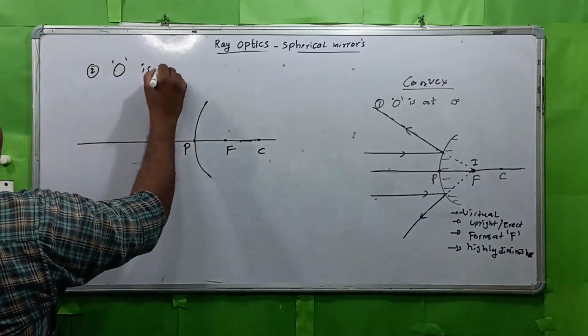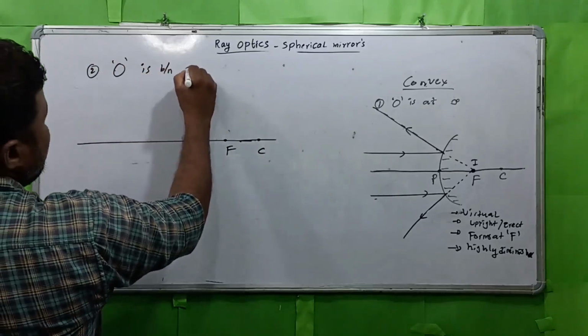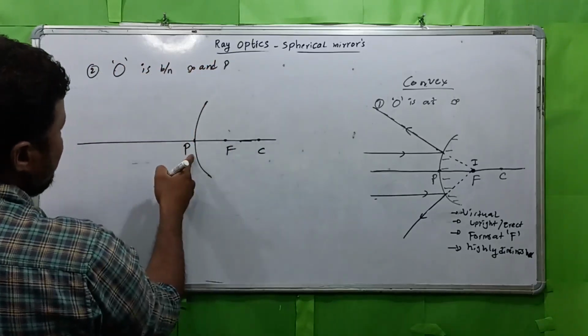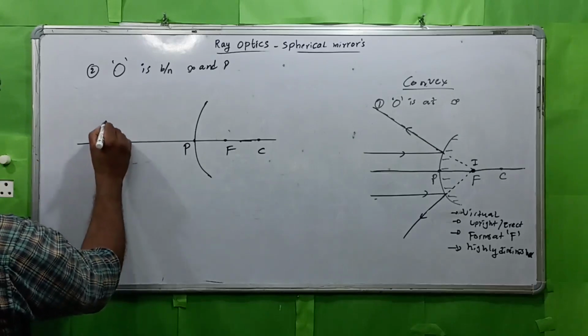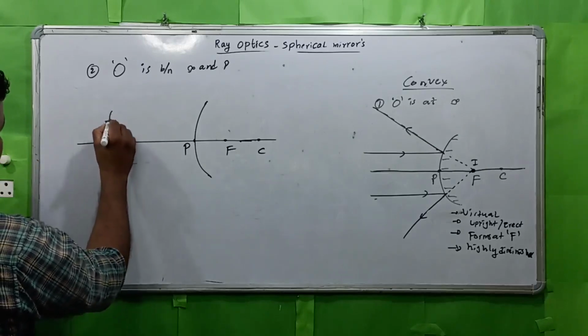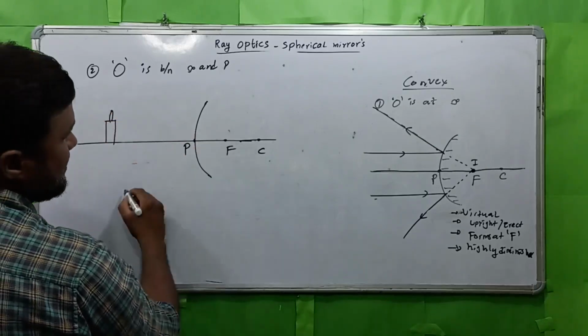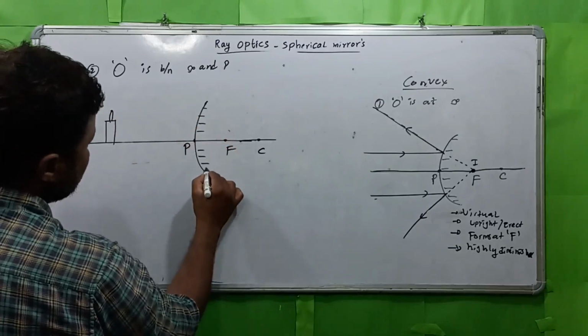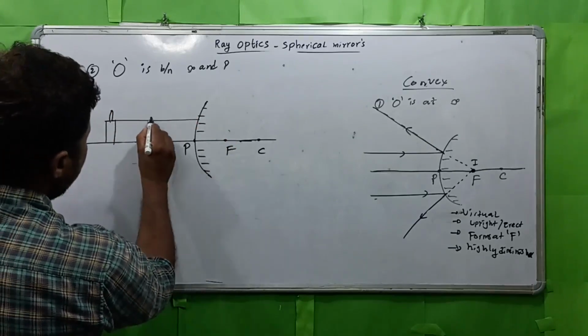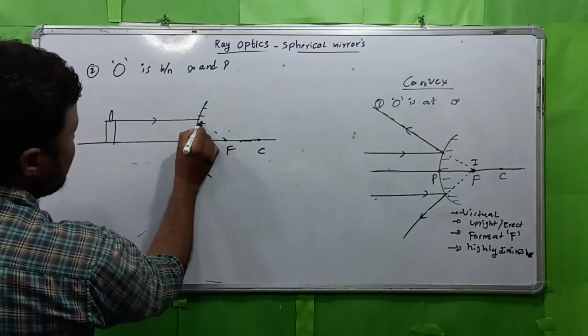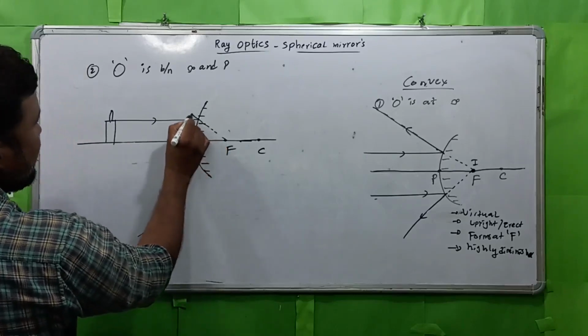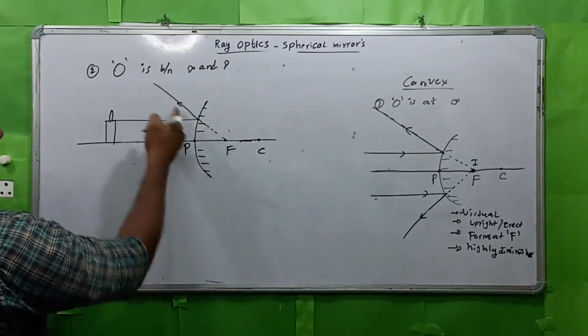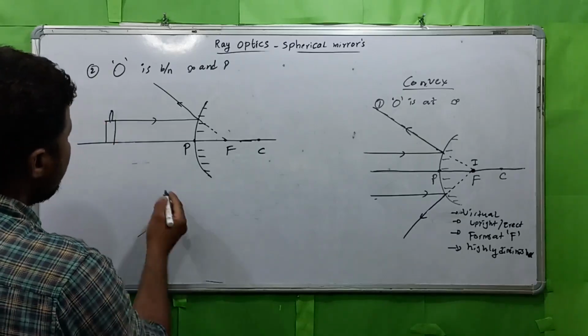The object is between infinity and pole. Suppose I keep the object here. Minimum 2 rays are required to locate the image. If any ray moves parallel to the principal axis, after reflection it looks like it is emanating from the focus.